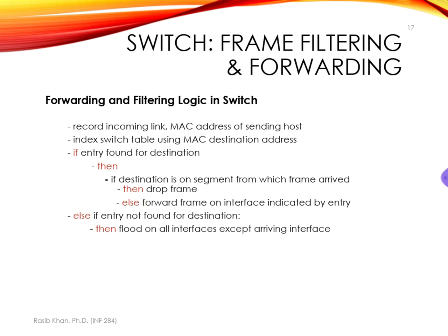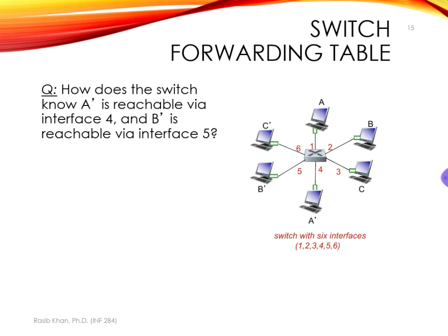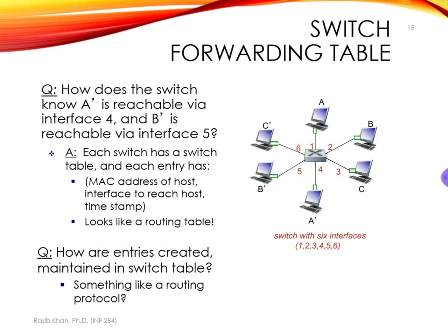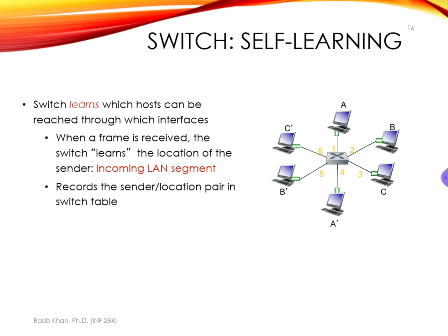So we were looking at the concept of a MAC address forwarding table and something that the switch needs to know and maintain to be able to forward frames effectively. To populate the records in the MAC address table, we have the process that we call self-learning.